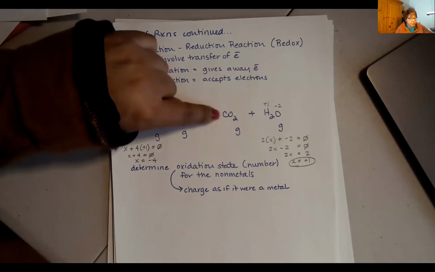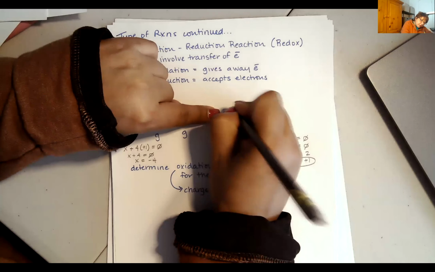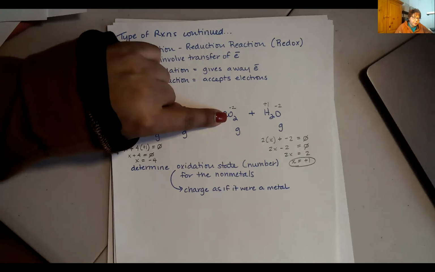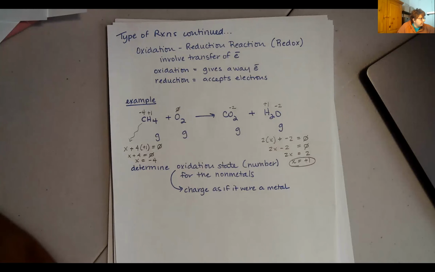See if you can figure out what the charge on carbon is going to be over here. And I'll give you a hint. The charge on oxygen, by rule 3, the charge on oxygen in its covalent compounds is -2. +4.